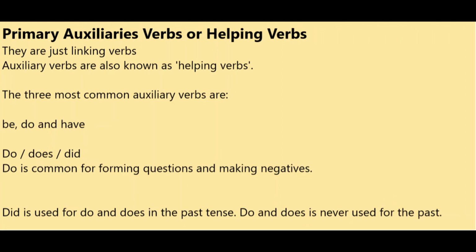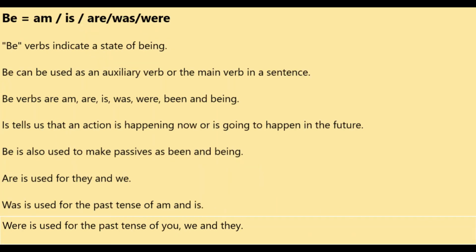Now, you can see the be family verb in detail. I'm going to give you a good idea about the be family verb. Okay, now see what the be family verbs are. Here: am, is, are, was, and be, being also come in the be family verb.